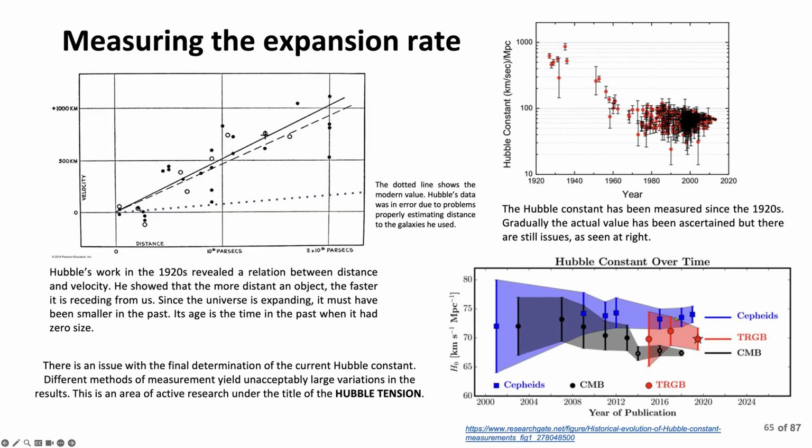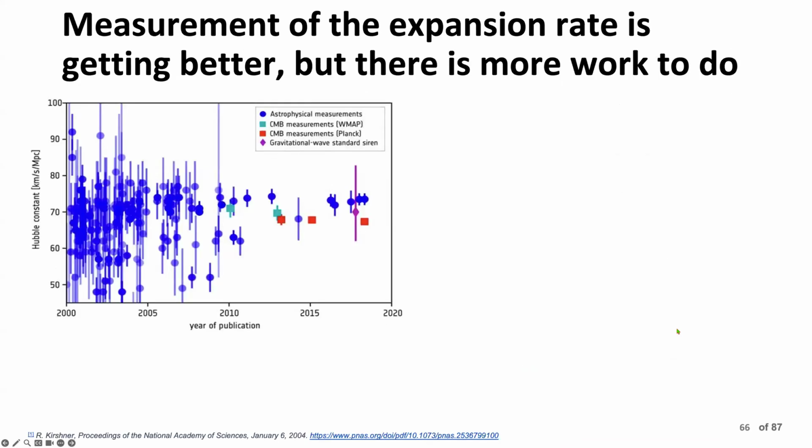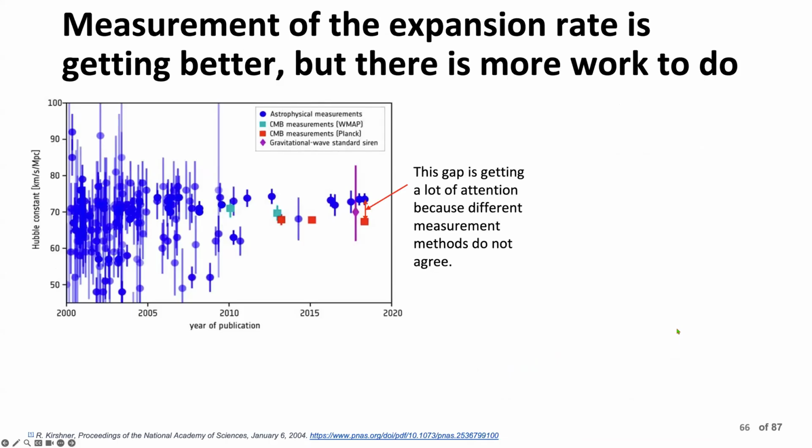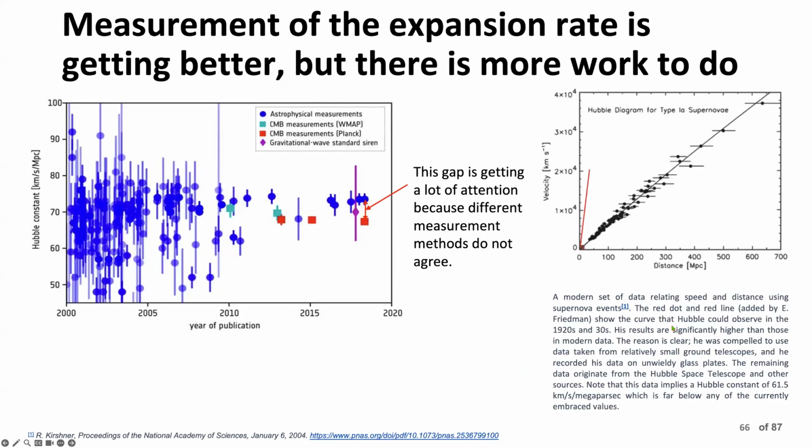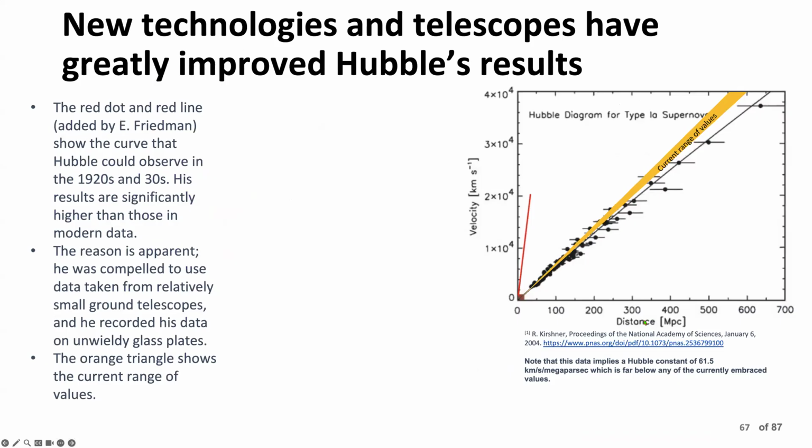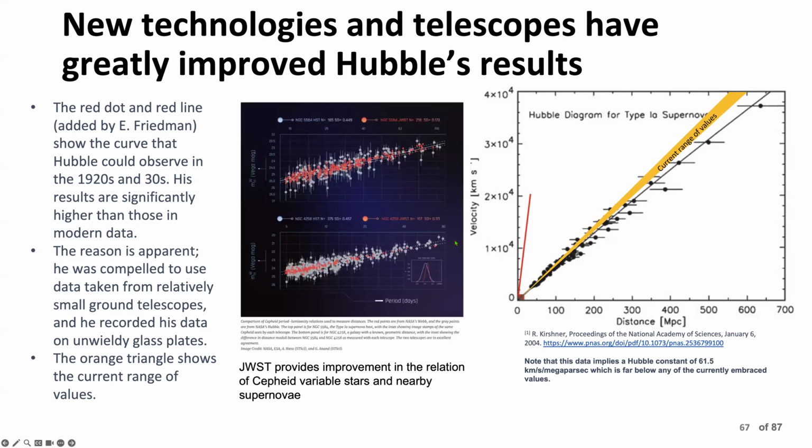And they're radically different. They're about 10% different, which is perturbing everybody. So we won't go into this here, except to say Hubble's value for the expansion rate was like this. We now know it's like this, but it's somewhere in this yellow wedge. We just don't know it well enough.